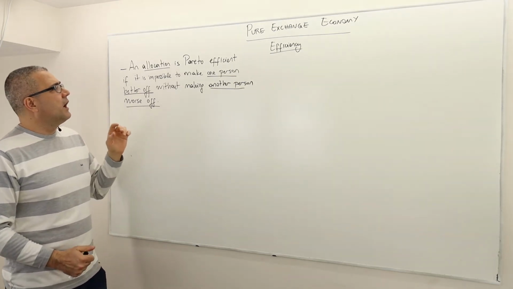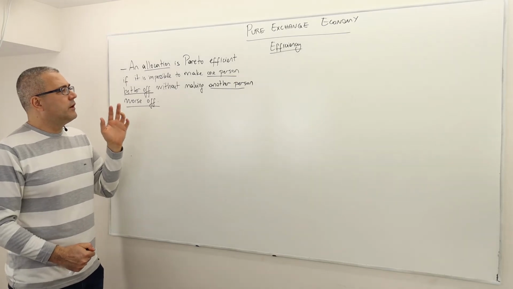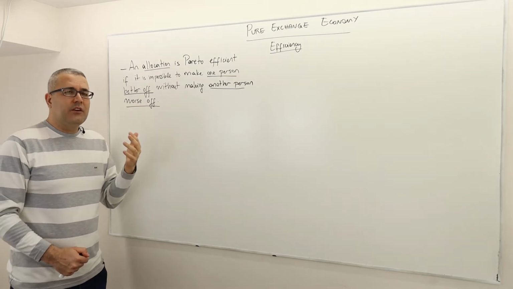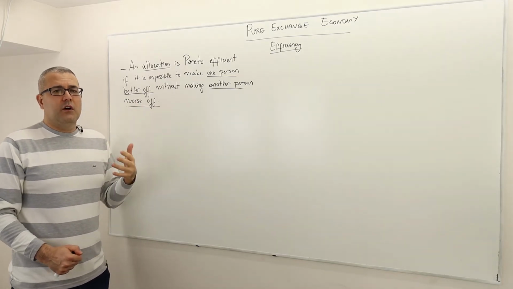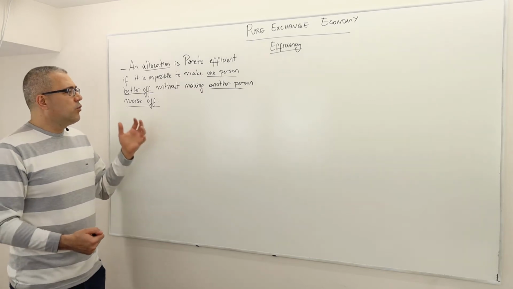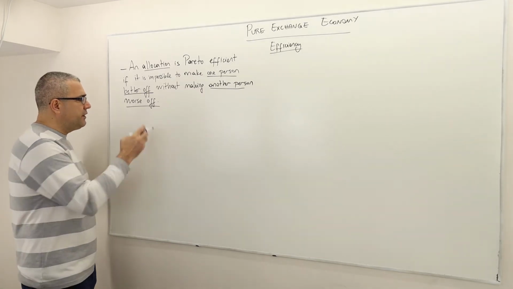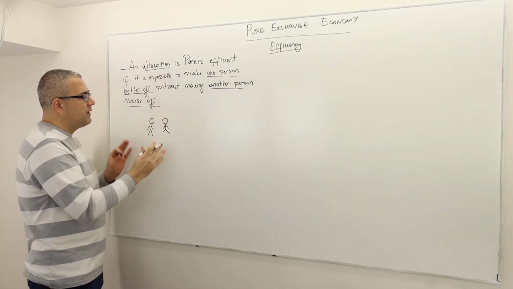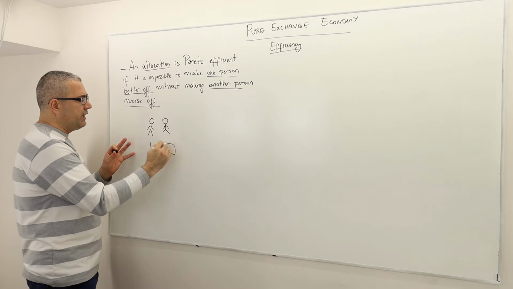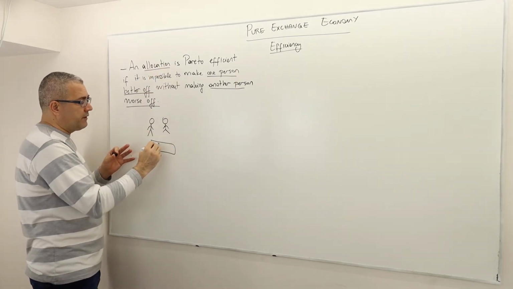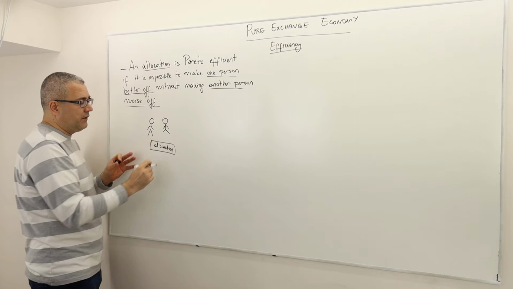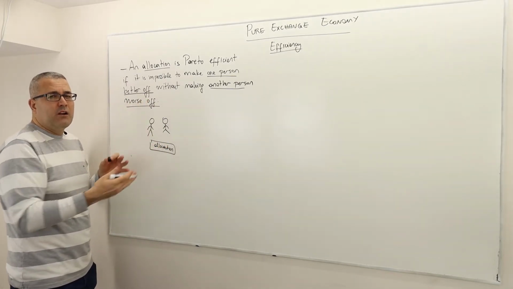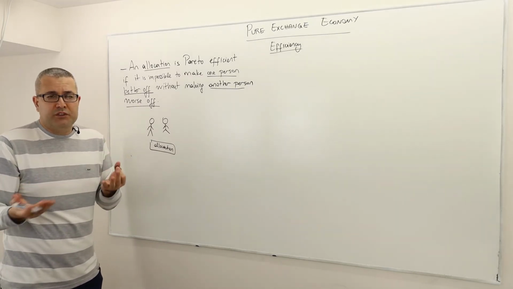If you think about this, the idea of better off and worse off is actually a consequence of making a comparison. We have two individuals, and these two individuals are initially given some allocation, whatever that allocation is. That depends on the context. If we are talking about being better off, it's relative. Better off with respect to what?